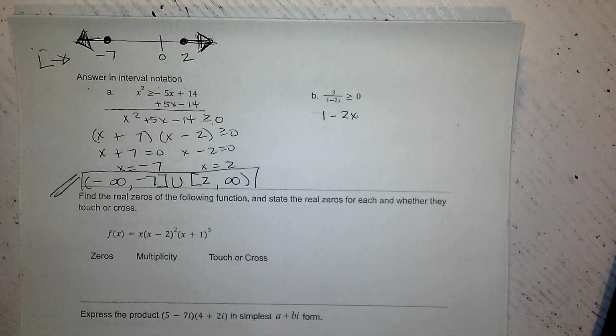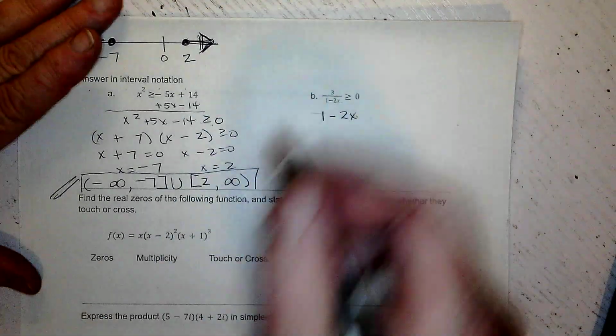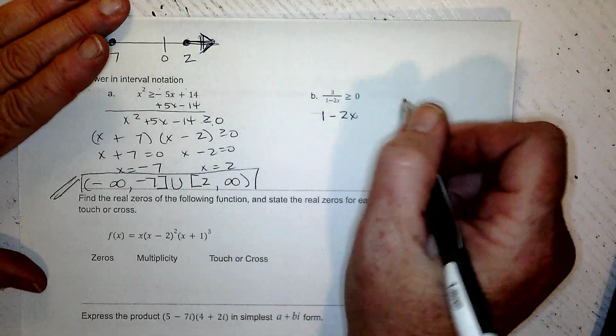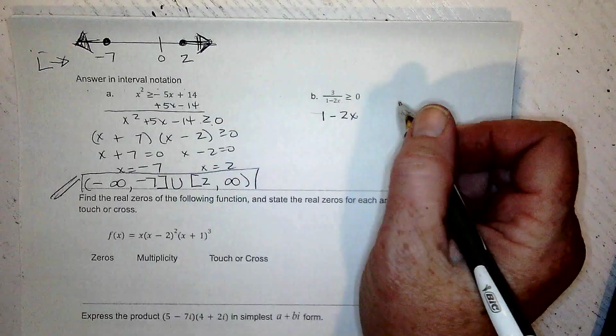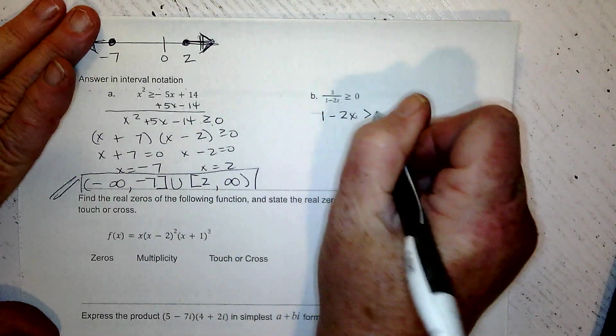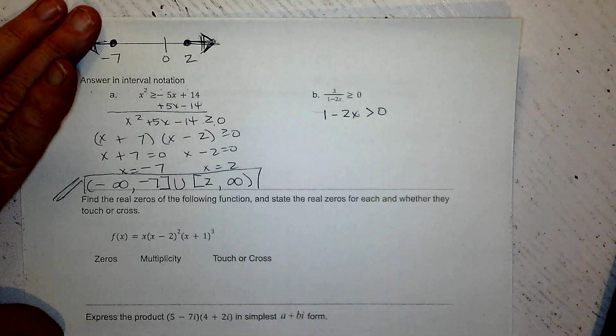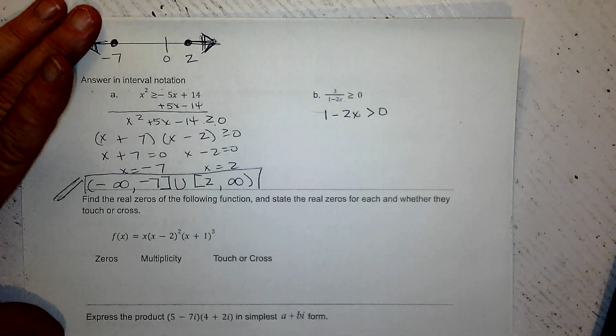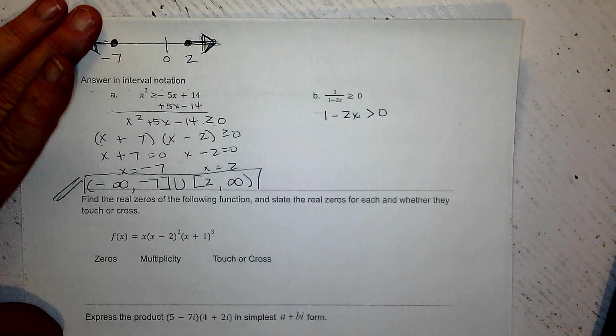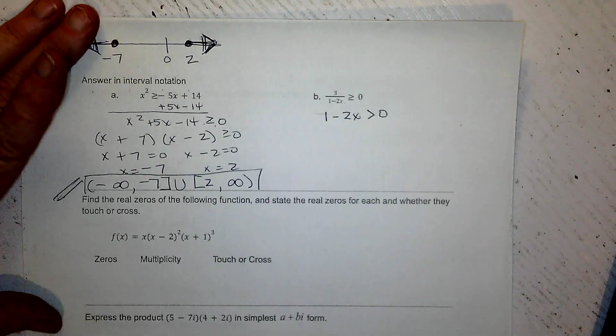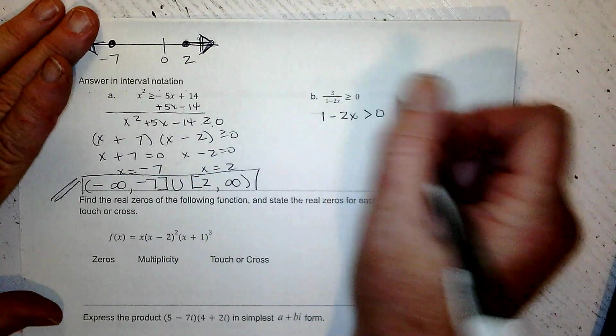To find my domain for this inequality, I need to take my denominator and make sure, if I want the numbers to be in my domain, it needs to be greater than 0. Hold on a minute. Yes, it has to be greater than 0, because if it is 0, it's undefined.